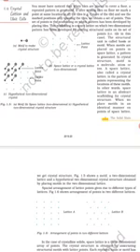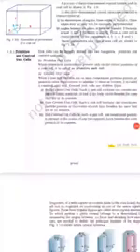So, a space lattice can be defined as an array of points showing how molecules, atoms, or ions are arranged at different sites in three-dimensional space.